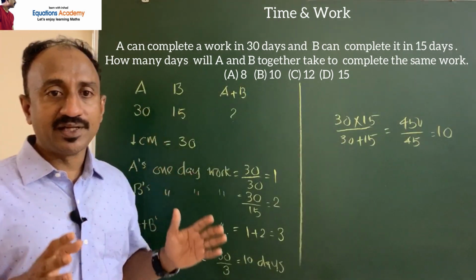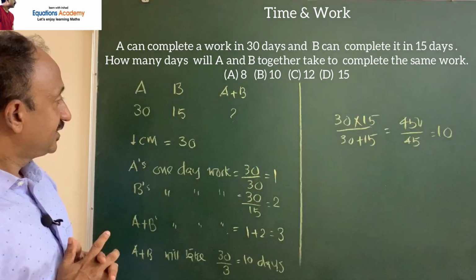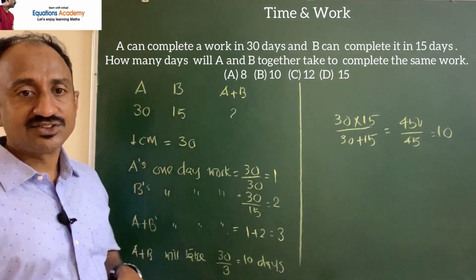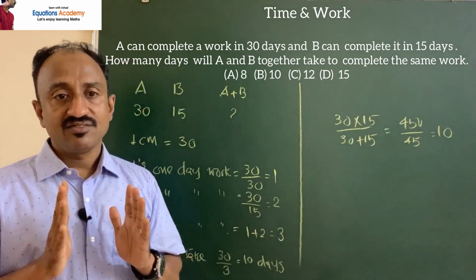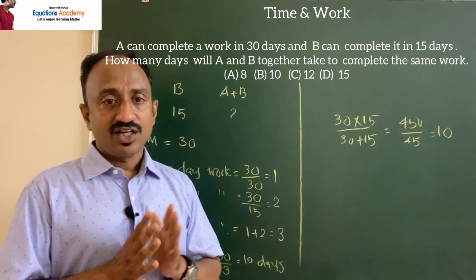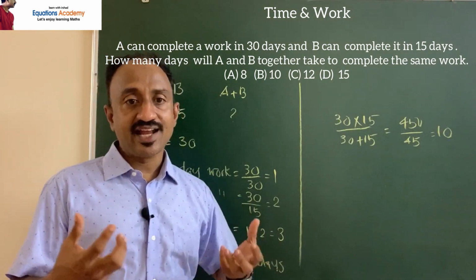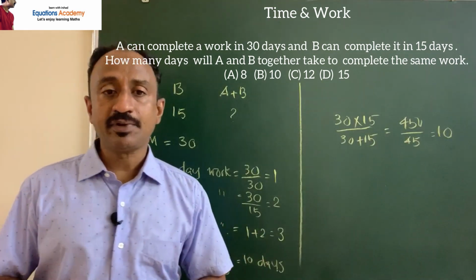A will complete the work in 30 days and B in 15 days. So the first step is to find the LCM of 30 and 15. If you don't know how to find LCM very fast, let me know by putting it in the comment box.